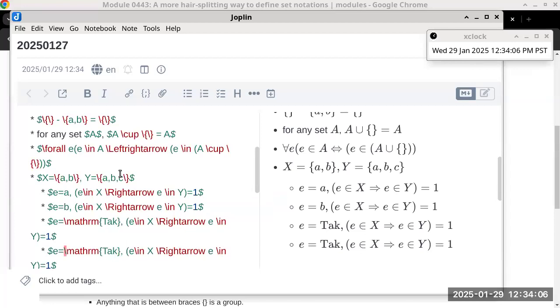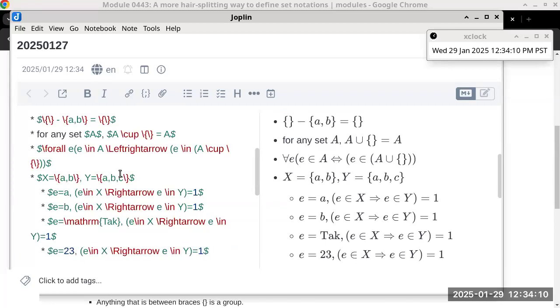It just popped up in my head. So make that 23. It's still the same answer. It is still true. The left-hand side is false. So the implication is true.